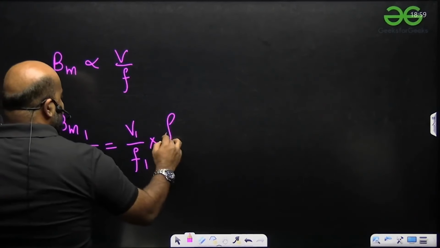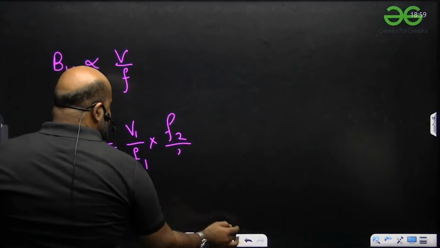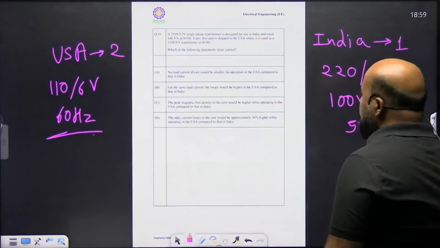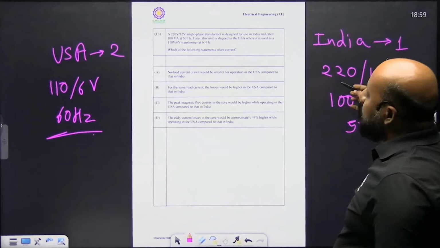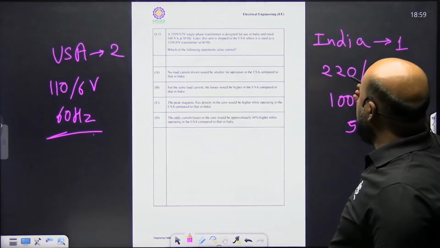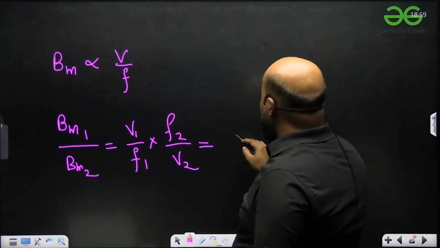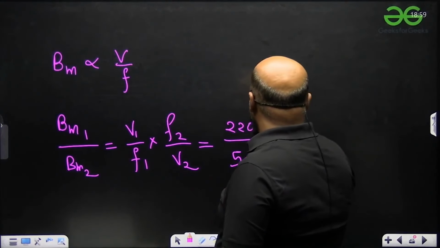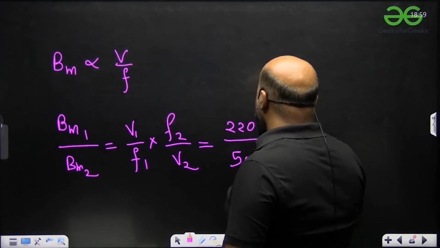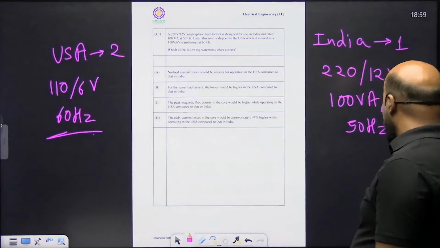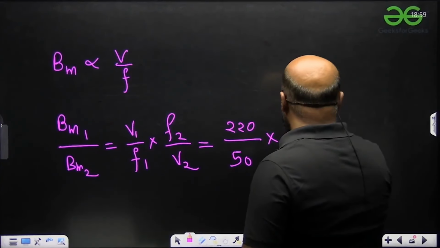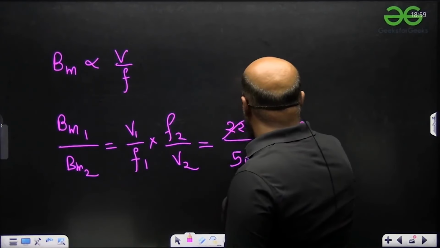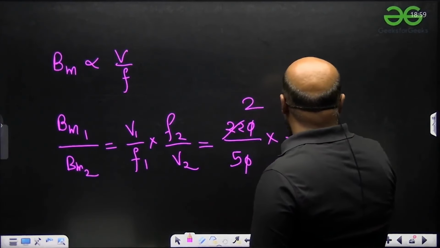V1/F1 और ये हो जाएगा V2/F2। V1 कितना है भाई? V1 मान लेते हैं कोई भी एक तरफ का ले लो, जैसे 220 ले लो मान लो, तो ये हो गया 220। फ्रीक्वेंसी कितनी थी इंडिया में? 50। वहां पर फ्रीक्वेंसी यूएसए में थी 60 और वोल्टेज कितना था? आधा हो गया था 110, तो ये हो गया 110, ठीक है। तो ये कितना आ जाएगा?